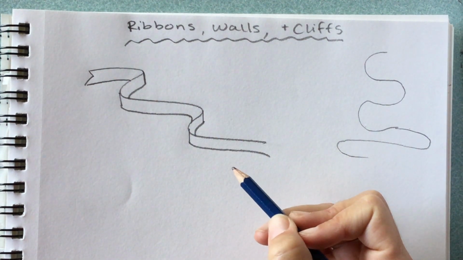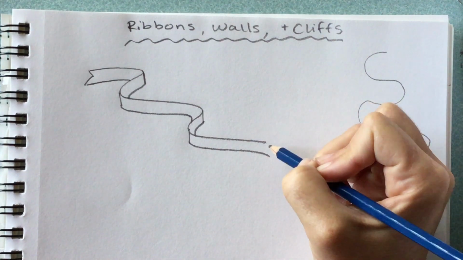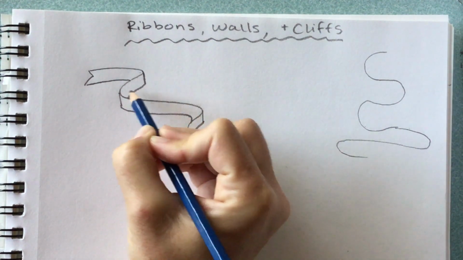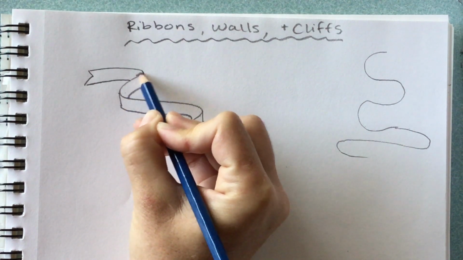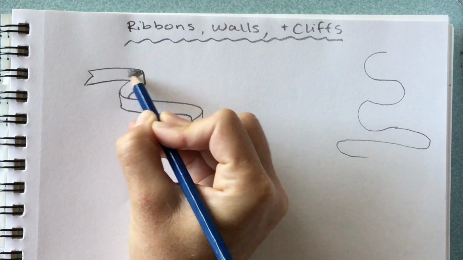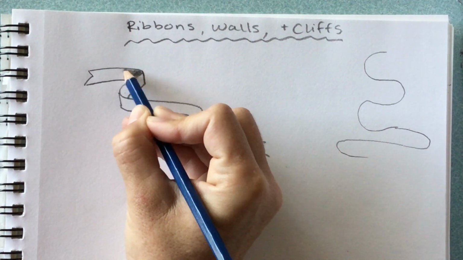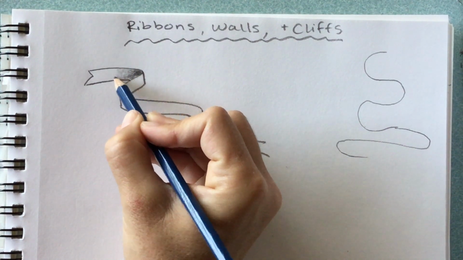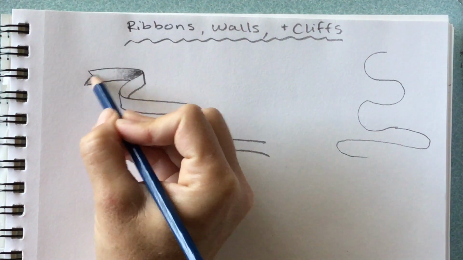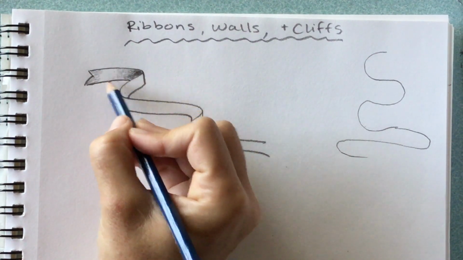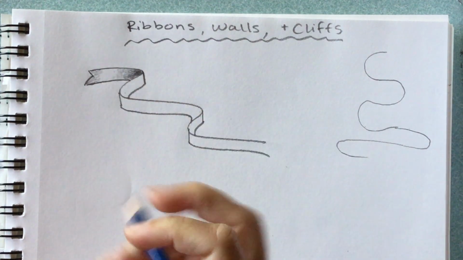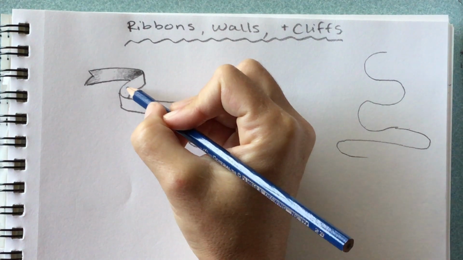But actually, we'll shade it in first, and then I'll show you this. The inner parts of my ribbon are going to have less light shining on them, so they're going to have a little bit darker shading. And as I fade towards the outside, my shading's going to gradually get lighter, lighter, lighter. Here I'm going to have some shading that's just very light. And then this center part, I'm going to imagine that's where the light is hitting it, the shiny, lighter part.